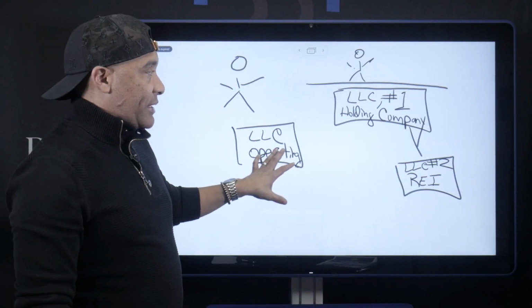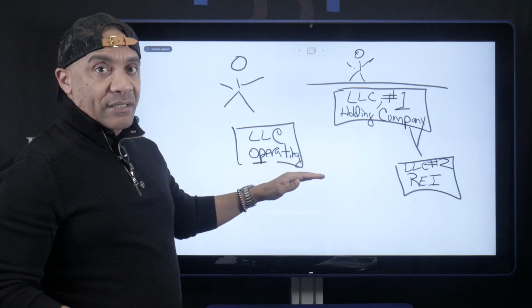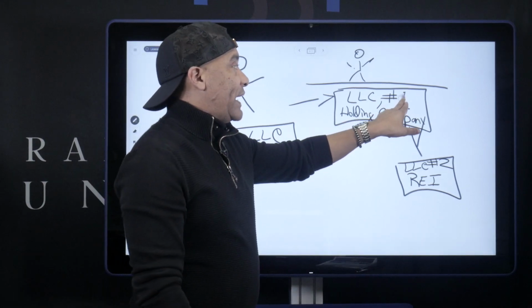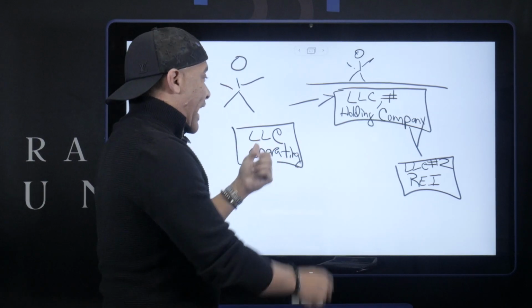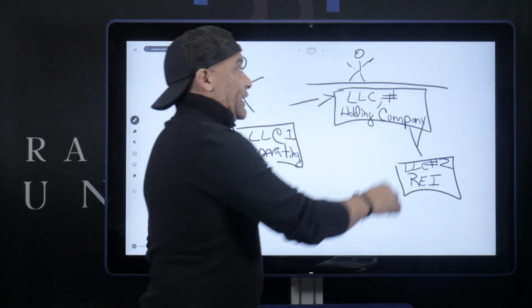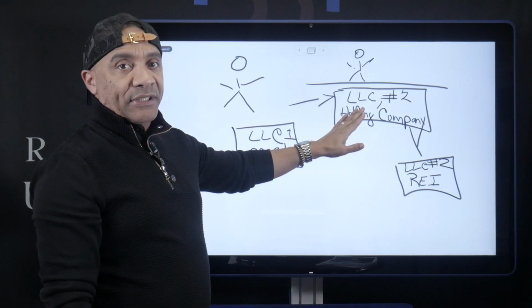You have an operating business. Well, I would still say, even though you have an operating business, to set your holding company up, even though it won't be LLC number one because you already have a LLC here. So I would say set up LLC number two in this scenario. Your holding company will be LLC number two.